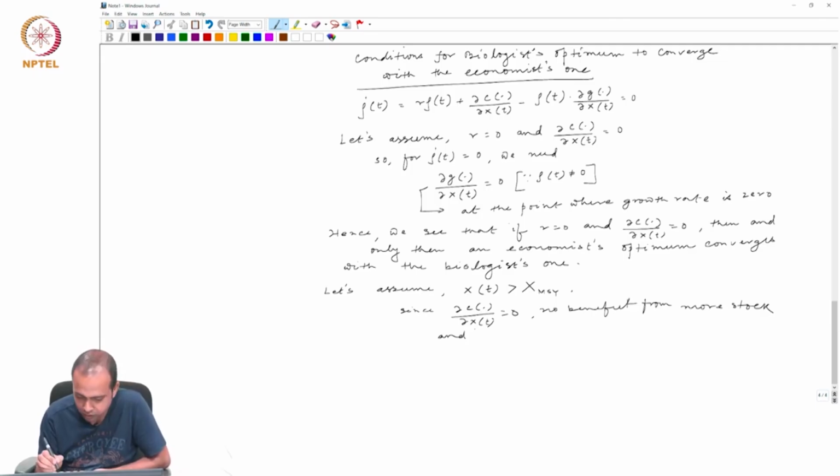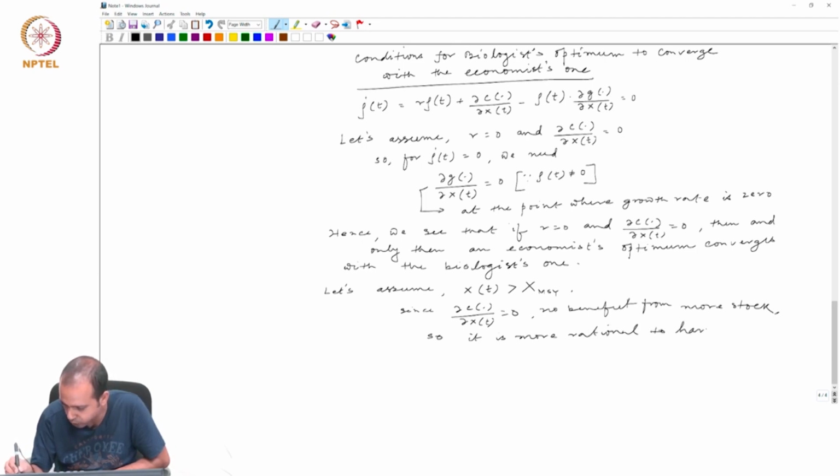So, it is more rational to harvest more, and the stock will come down to x MSY only.